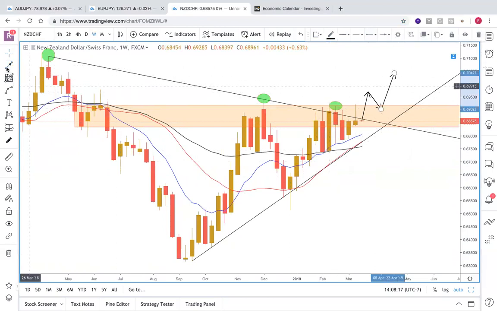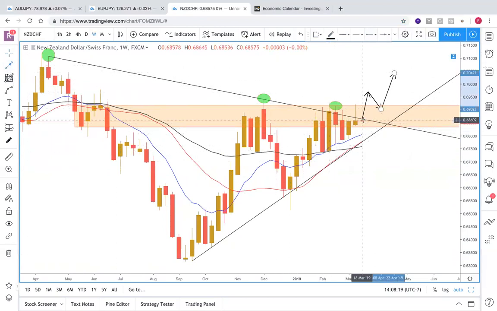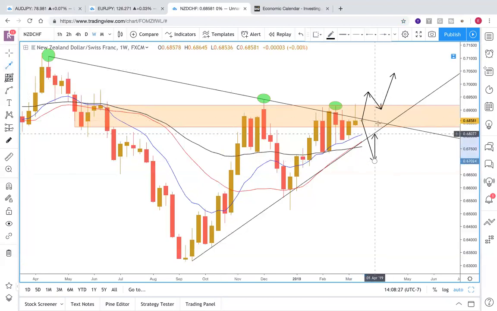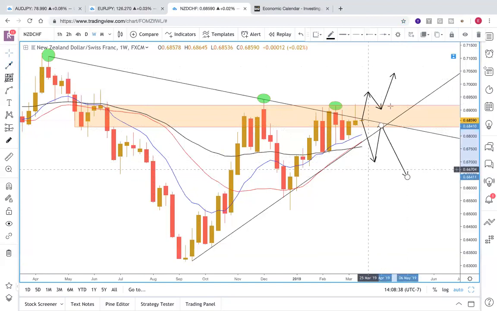Now, if it were to go below, you would want to see price breaking below the bottom trend line, pulling back up to, even if it's at the trend line or within the supply area, and then possibly pulling back lower. But until we get a real breakout out of this zone, there's not any real true direction.